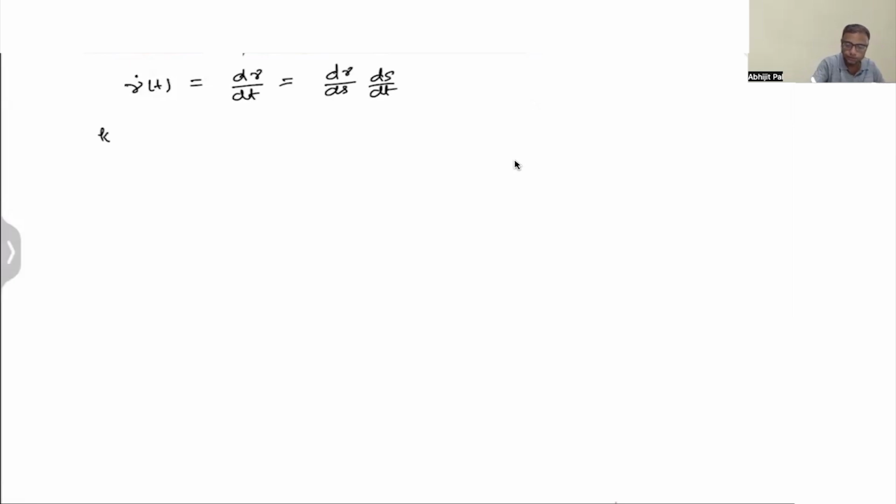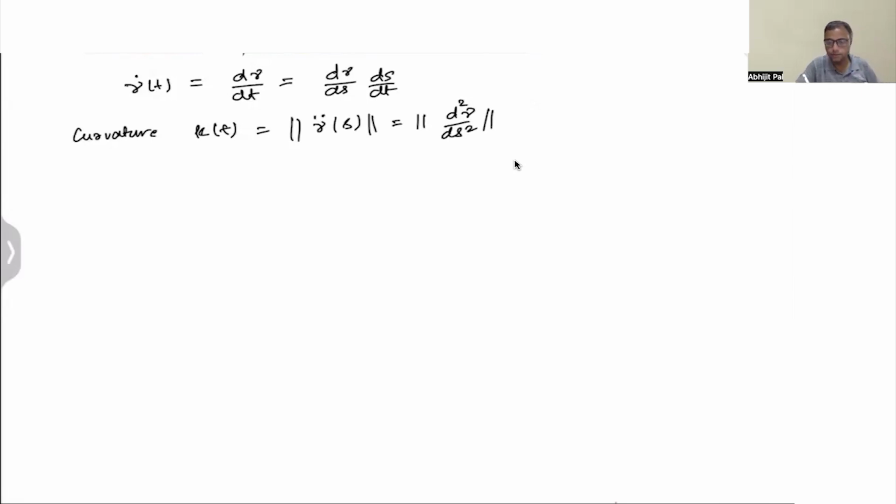And this curvature k(t) is equal to the norm of gamma double prime(s), or gamma double dot(s), which is again equal to the norm of d2 gamma/ds2.